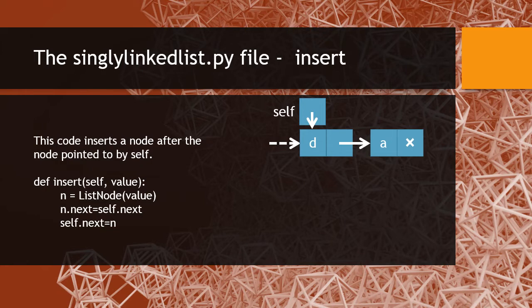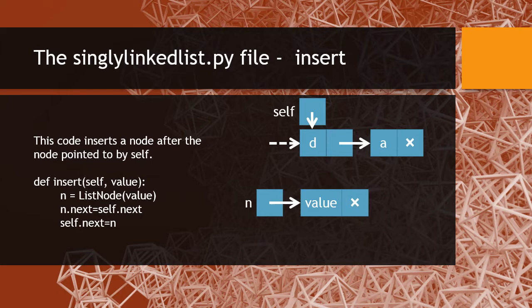Look at the first line of the insert function. It says n equals ListNode(value). So this line called the init function that we just saw, and it made a node and it placed value in the info field and it placed none in the next field and it named the pointer to this node as n.